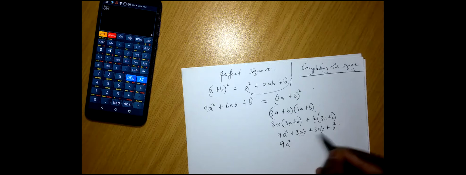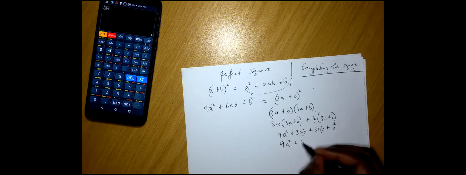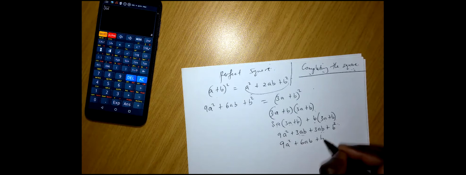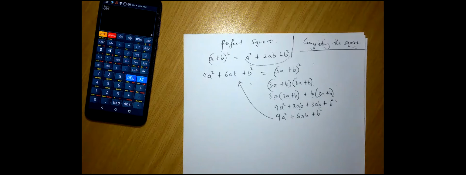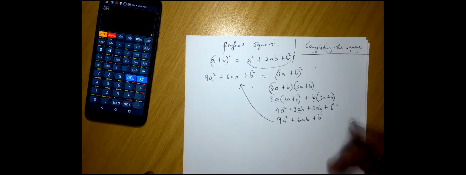These are like terms, so you add them to get 9a squared plus 6ab plus b squared, which is the same as what we have there. So you just need to understand this. That's what is called a perfect square.